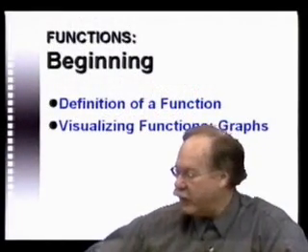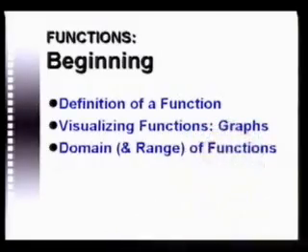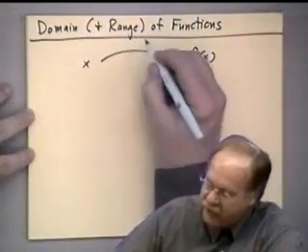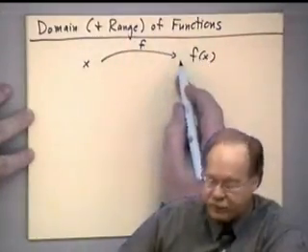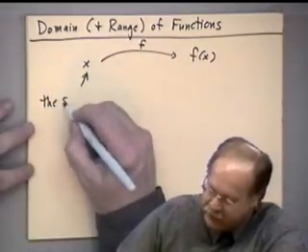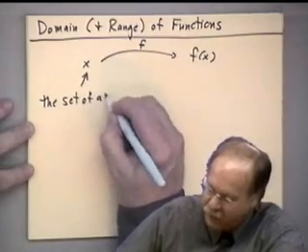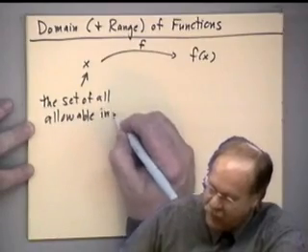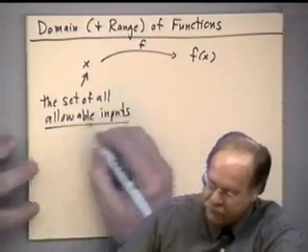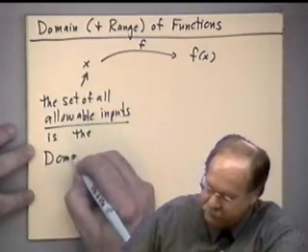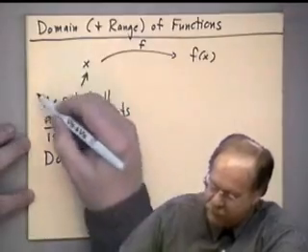Next, we'll look at what are called the domain and range of functions. Remember the image I had of a function before, that x goes to f of x via the function f. If you look at the set of all possible x's, the set of all allowable inputs, determined by the function, and you put them all together, that is called the domain of f.